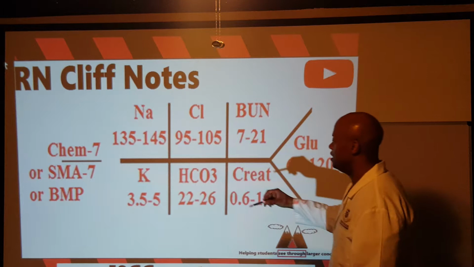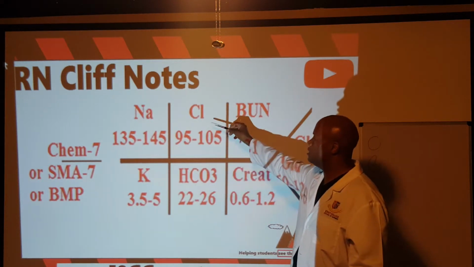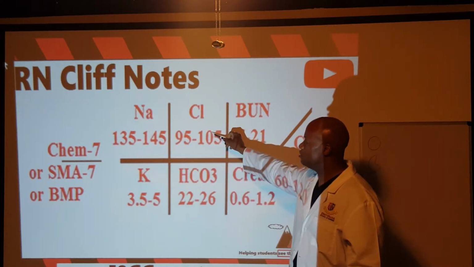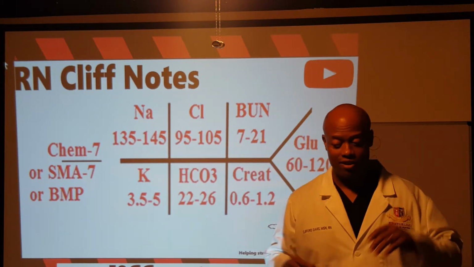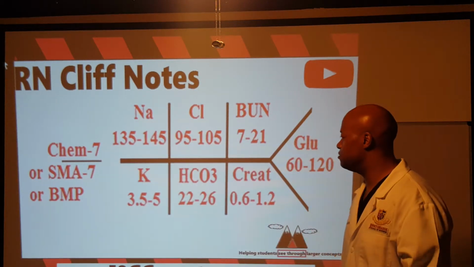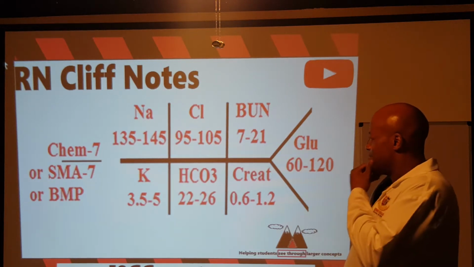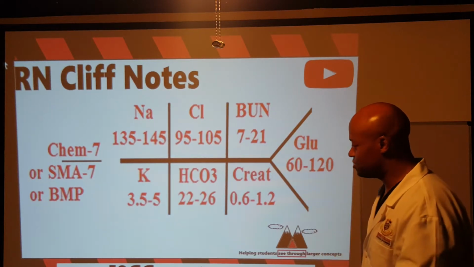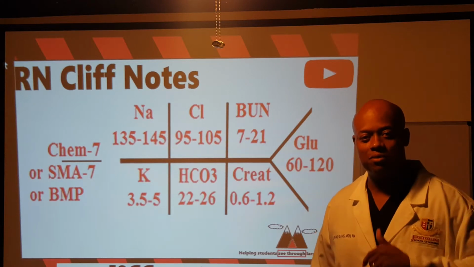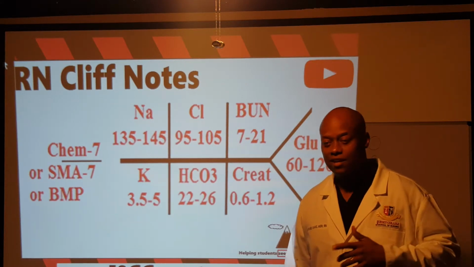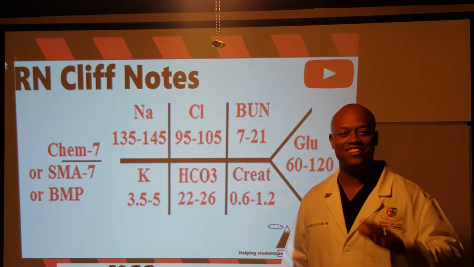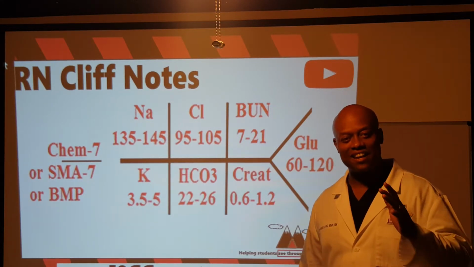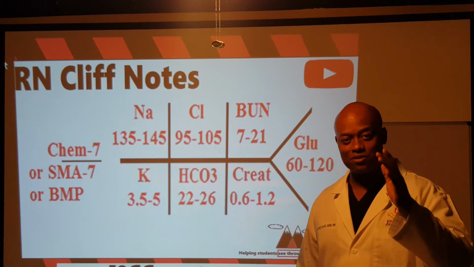Next up, let's look at the chloride. So the chloride is 95 to 105 in here. You're looking at that going, man, it's a lot of numbers, right? Check this out. You go to the neighborhood pool, and what do you see? Kids running around having a good time, in and out of the pool. When they get out of the pool, do you ever see them go to the restroom?